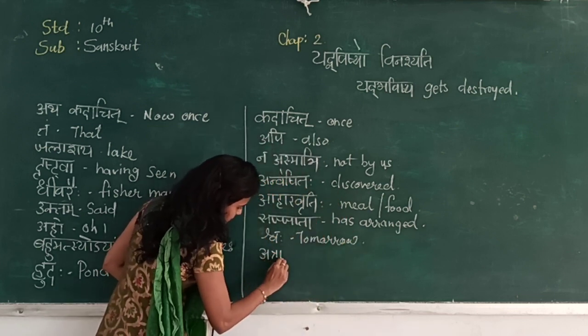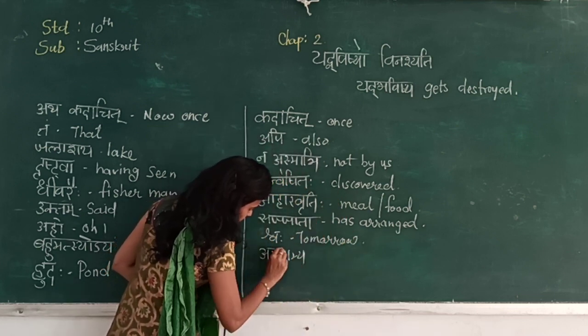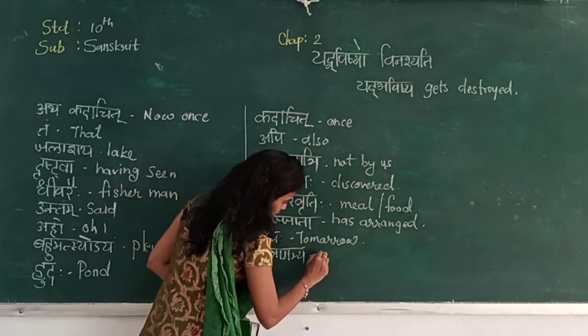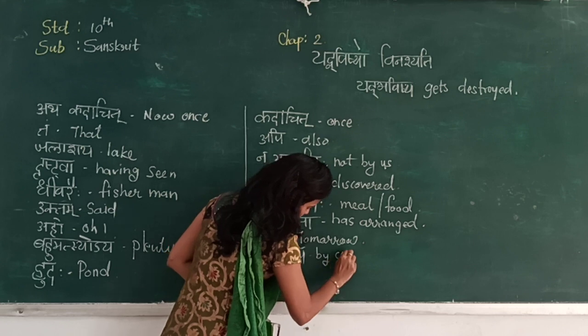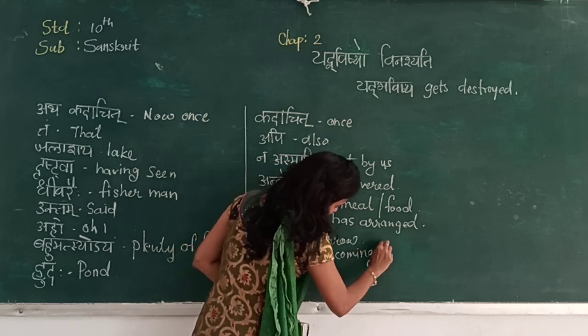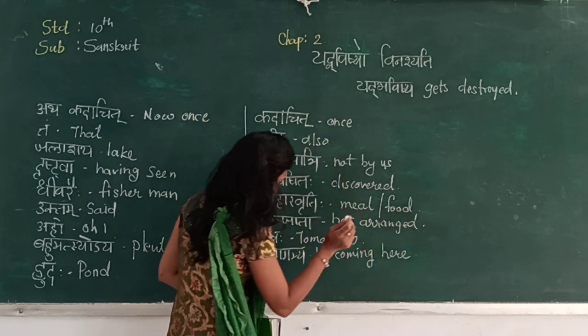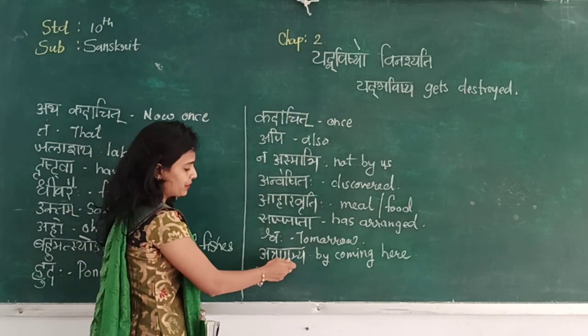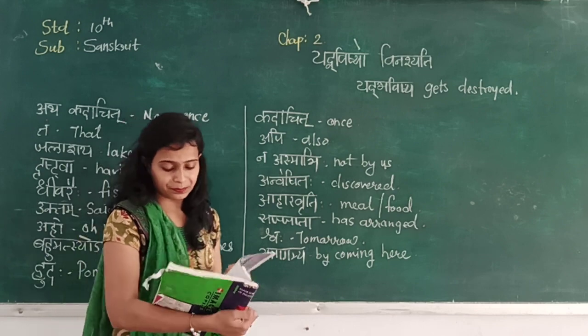Atra gamya means by coming here. You can see sandhi over here: atra plus agamya, atra gamya.